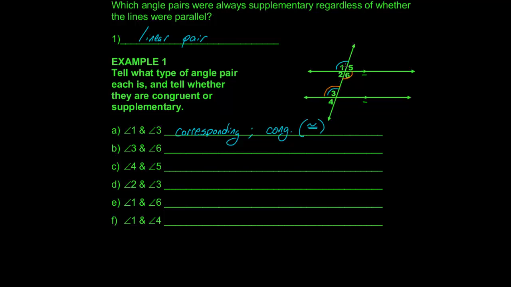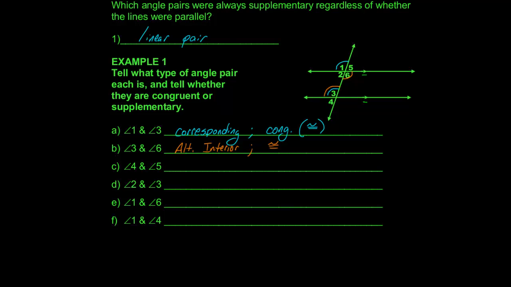So we know also that 1 and 3 are congruent. So if 1 and 3 are congruent, 3 and 6 also must be congruent, since 1 and 6 are. Alright, what type? They're both interior. They are not on the same side, so they are alternate interior angles. And they are congruent.